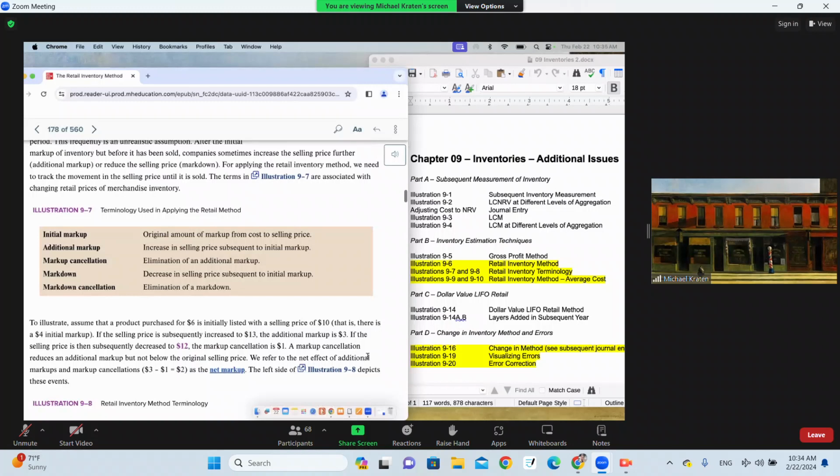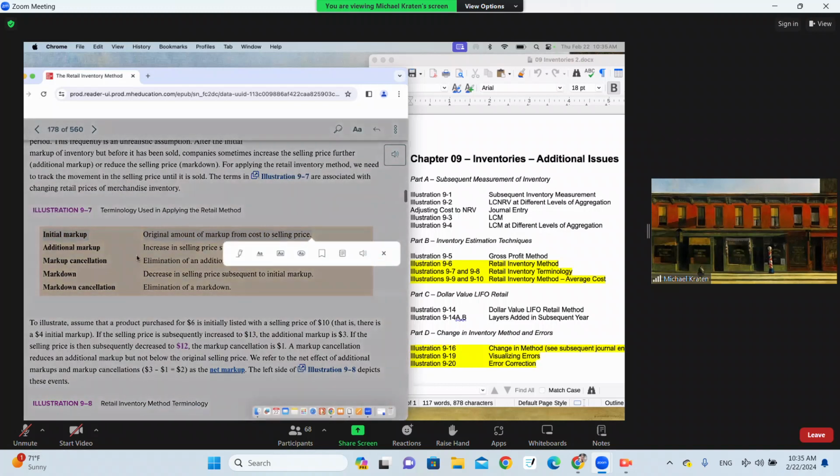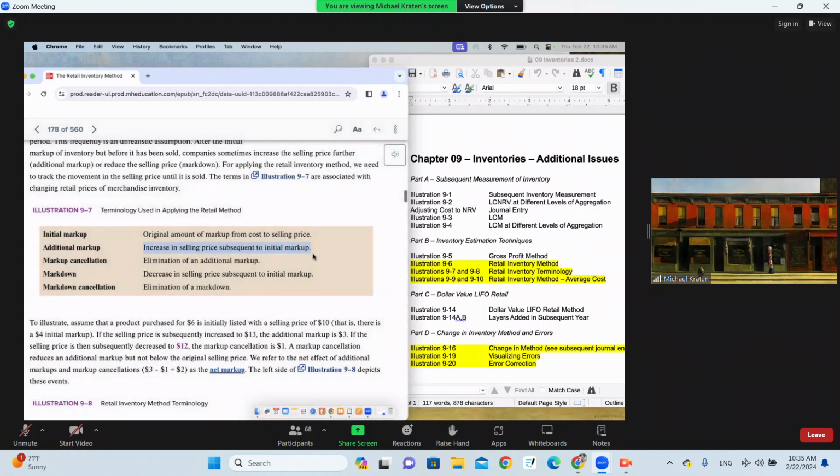9.7, vocabulary. When you buy a product for $4 and you decide that you're going to try to sell it for $10, the initial markup, your initial estimated profit, is 6.